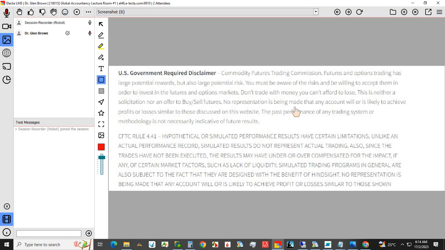The US government required disclaimer. I want to leave that for you to read on screen here, and pay attention to the CFTC Rule 4.41 that is applicable in these lectures. So while we'll be using live data feed and simulating a $20 million account for the G7 strategy, you should consider all these to be hypothetical.